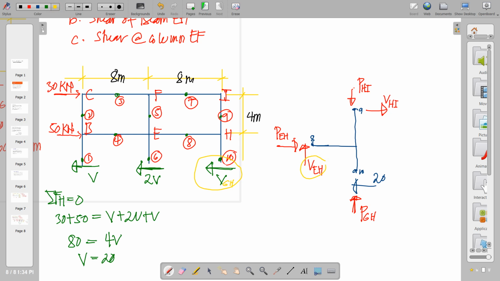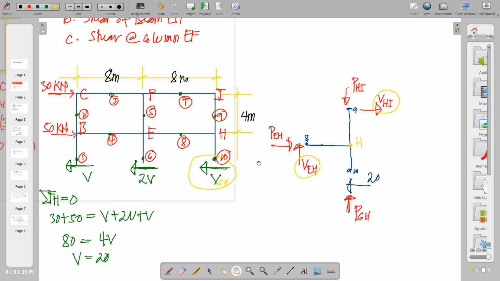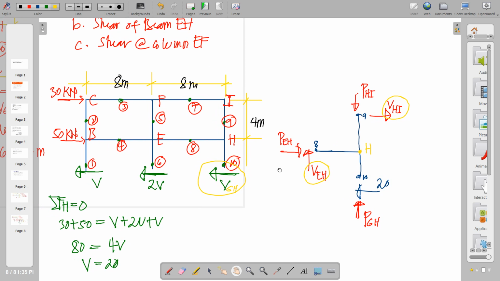If we take moments at point H, what will happen? We can solve for EH, but we still need to obtain VHI, and that VHI could be obtained out of the frame.